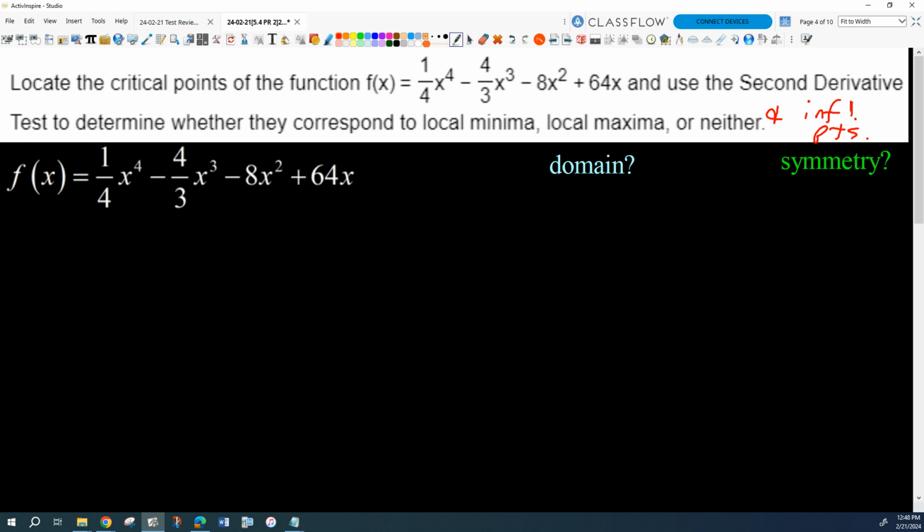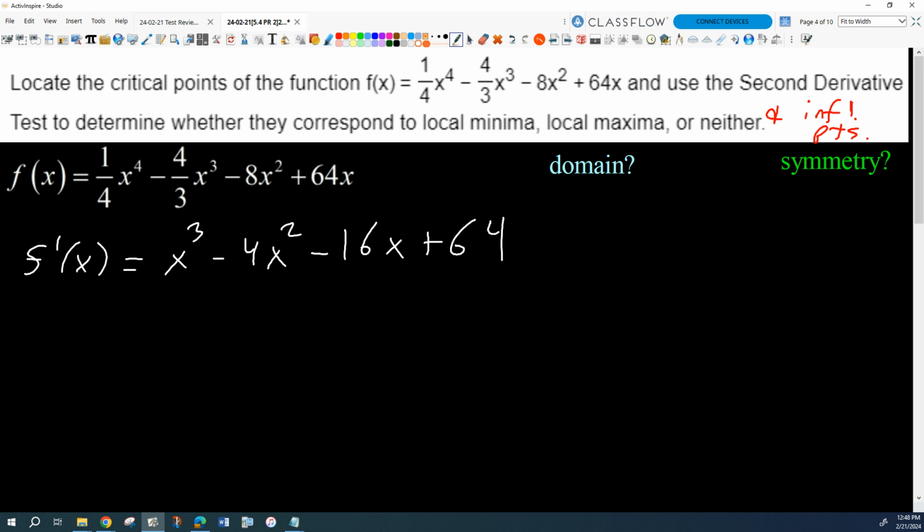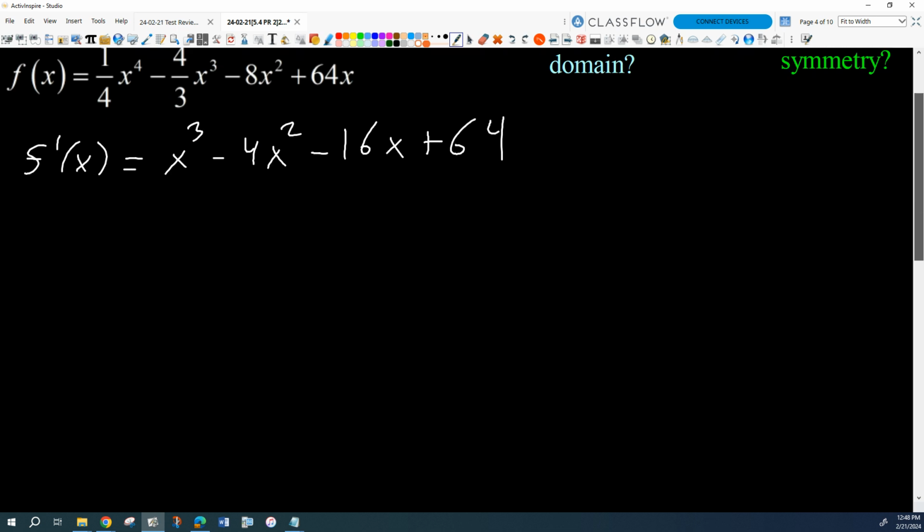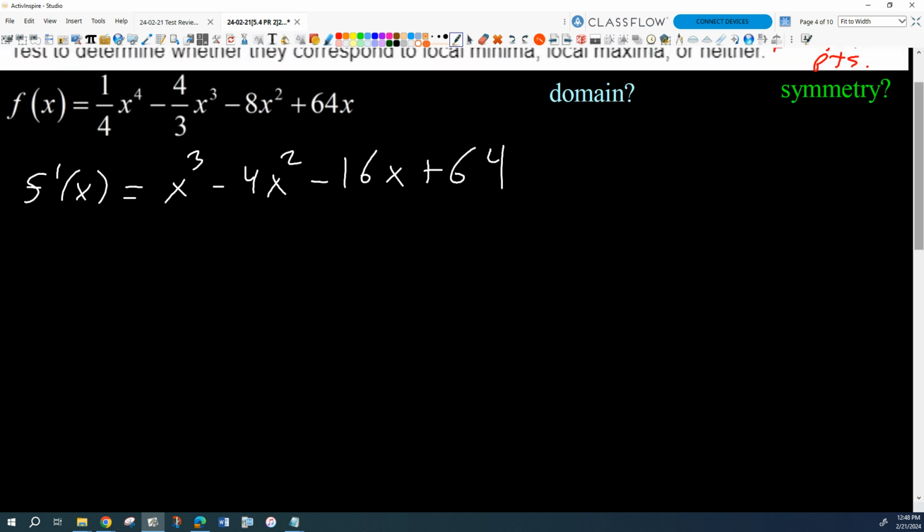All right, so first derivative is what? x cubed minus 4x squared minus 16x. Okay, so while we're at it, let's go ahead and find critical numbers. Any place where that first derivative is undefined.